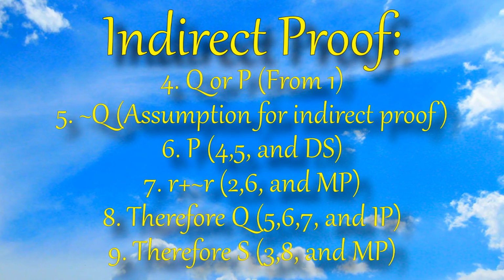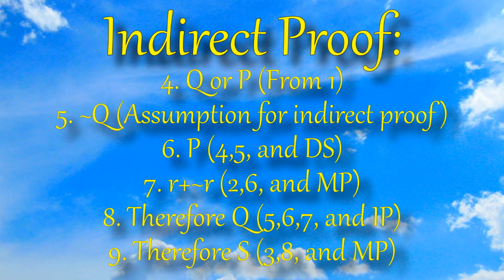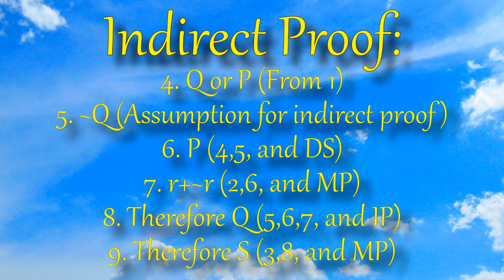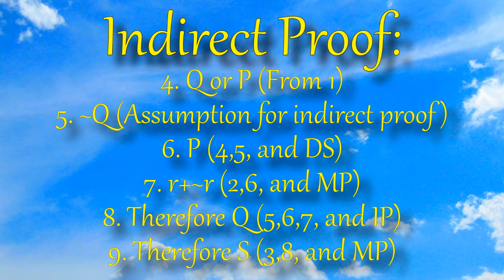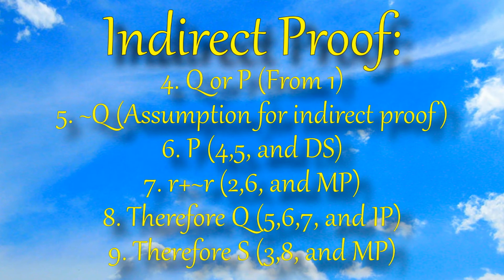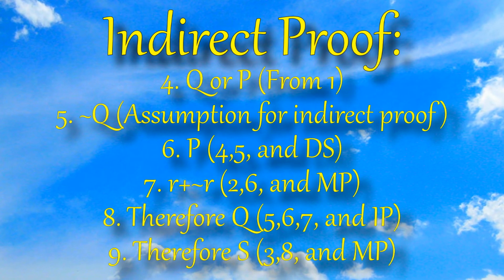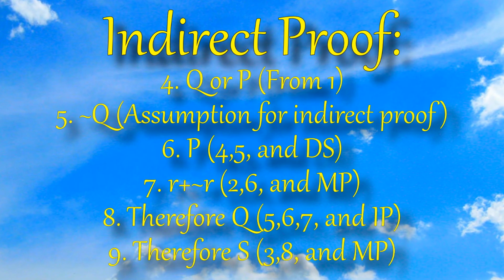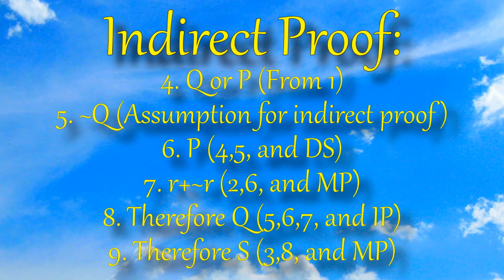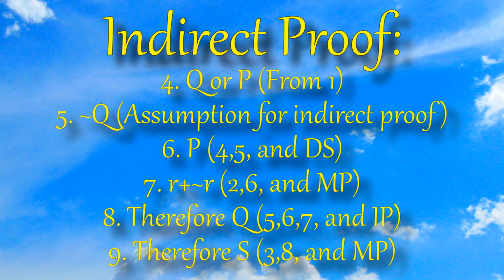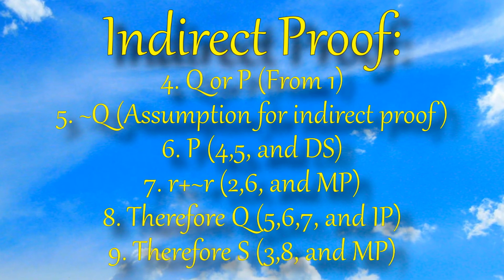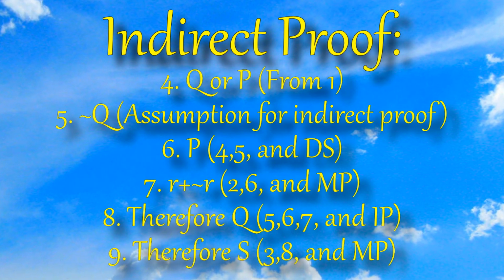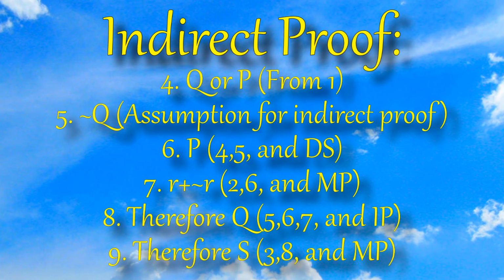Then in step 5, we assume not Q for the sake of an indirect proof. In the 6th step, we're continuing with our pursuit of that indirect proof by establishing P. Lines 4 and 5 provide a disjunctive syllogism which we can use to do that. Then, by means of modus ponens in step 7, we establish R and not R from lines 2 and 6.